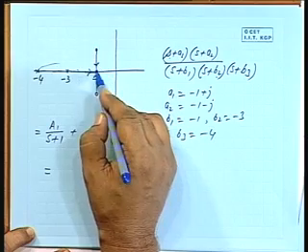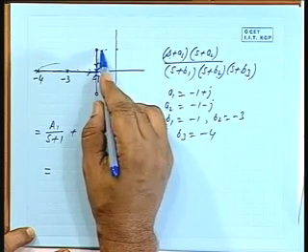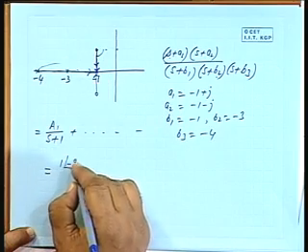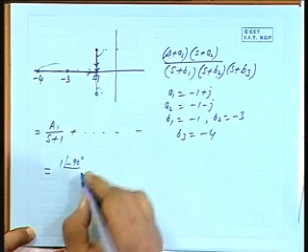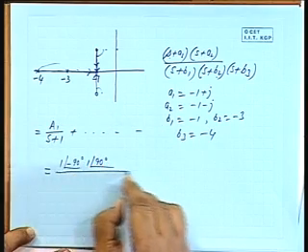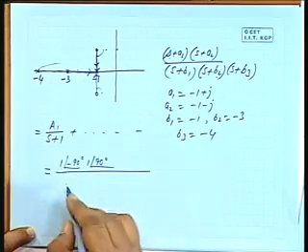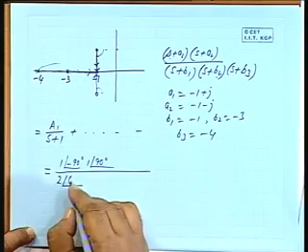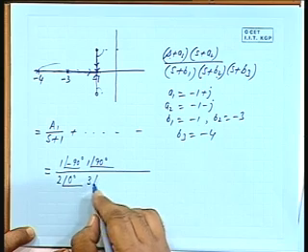So, how much is this? The numerator distances: how much is this? This is 1 in magnitude and angle of minus 90 degrees. What about this one? 1 at plus 90 degrees, divided by, this is magnitude 2 and an angle of 0, it is horizontal, and this one is 3, angle 0.